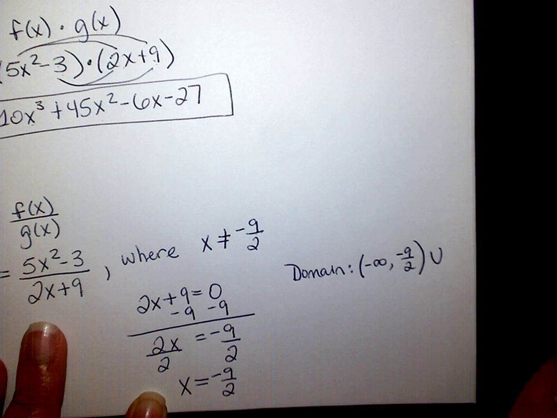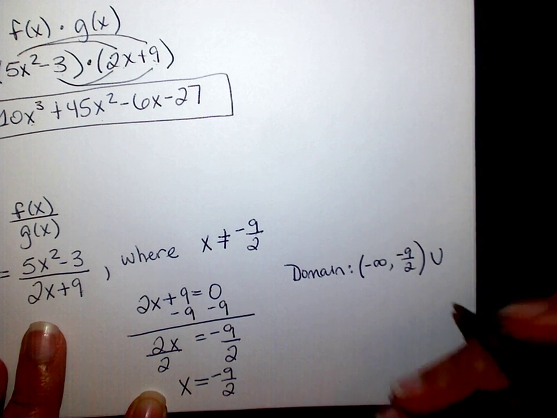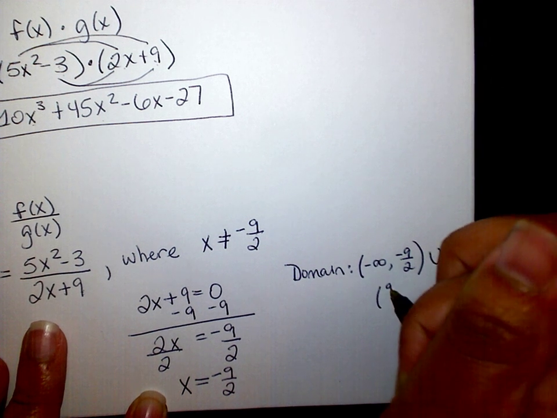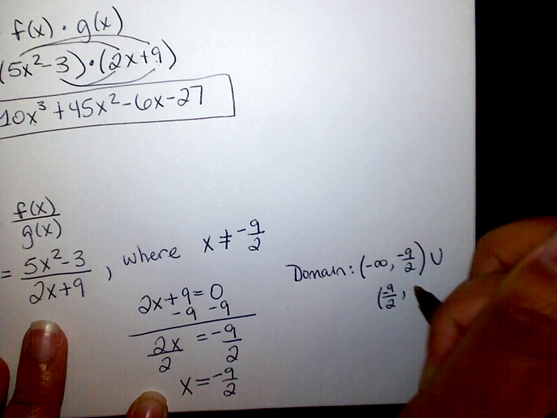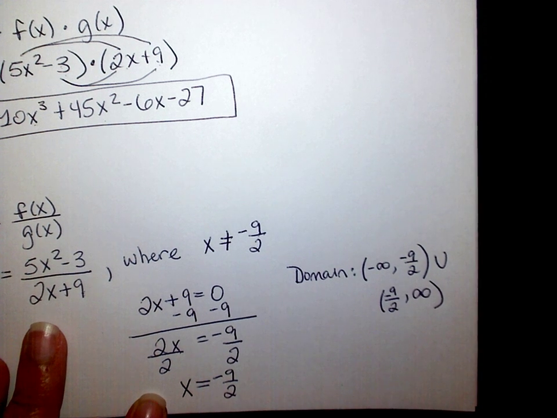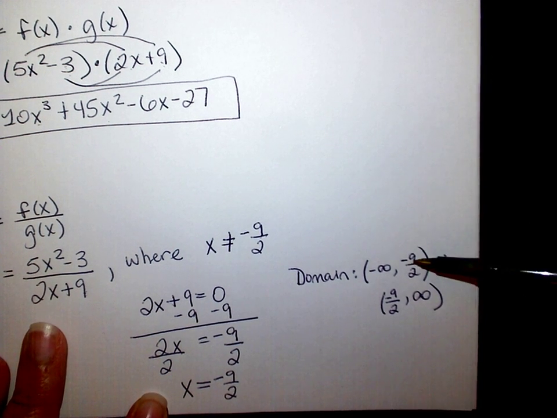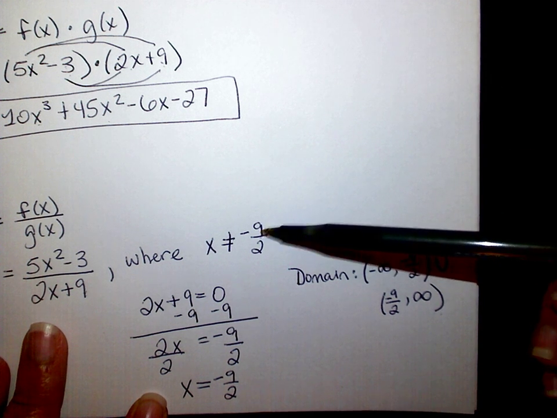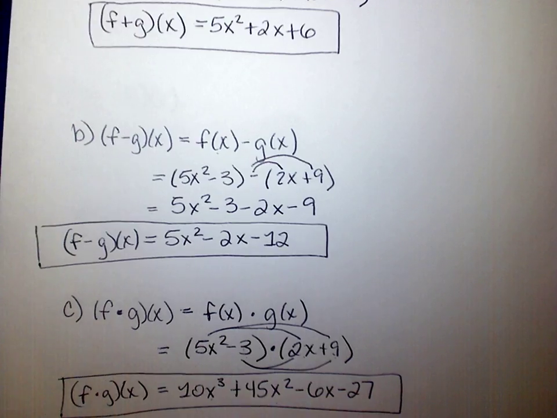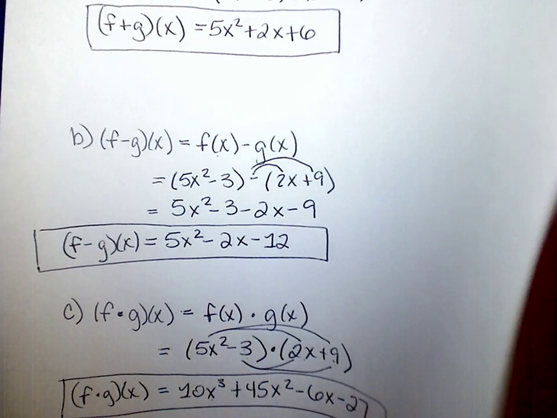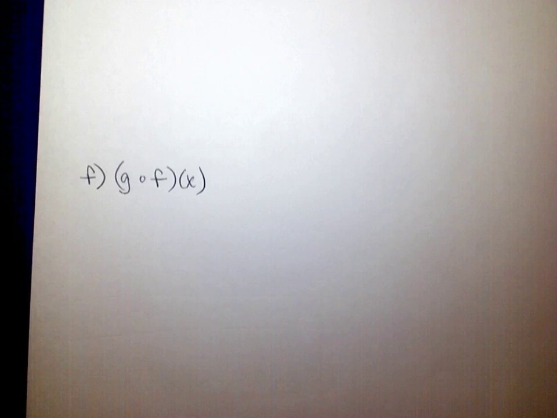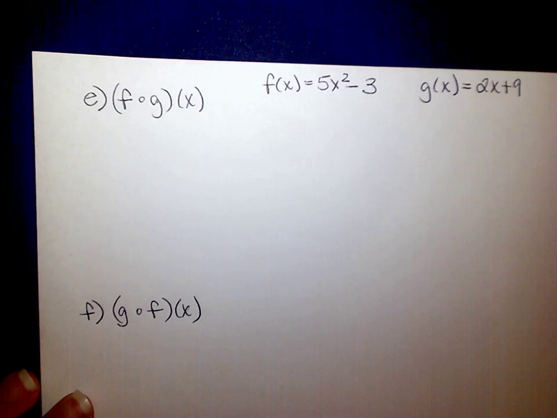We are going to have a break at negative 9 halves because x cannot equal negative 9 halves. So we're going to pick back up negative 9 halves to positive infinity. So this right here means the same thing as x cannot equal negative 9 halves. Alright, so now we are going to take a look at E.